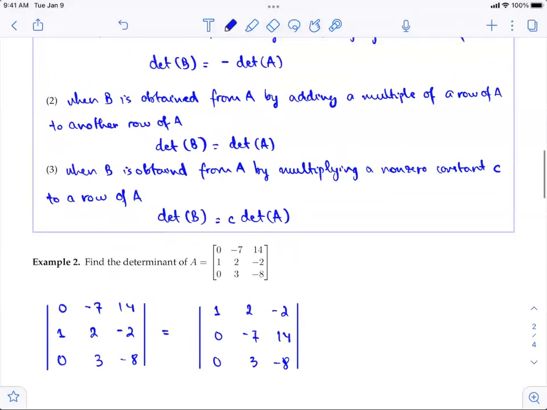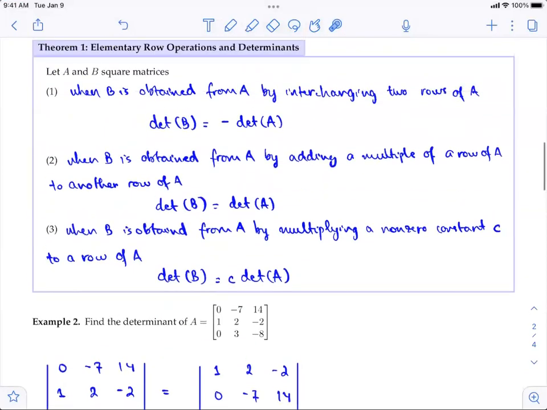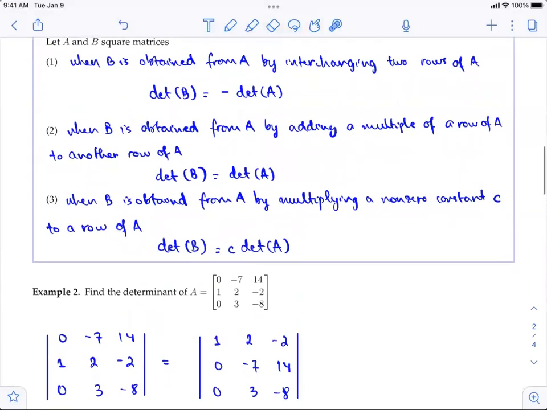Now you go back to the theorem here. When you interchange two rows, the determinant of B is equal to the negative of the determinant of A. But be careful here in the setup. What we're looking for is the determinant of the original matrix, right? You want to find the determinant of A.